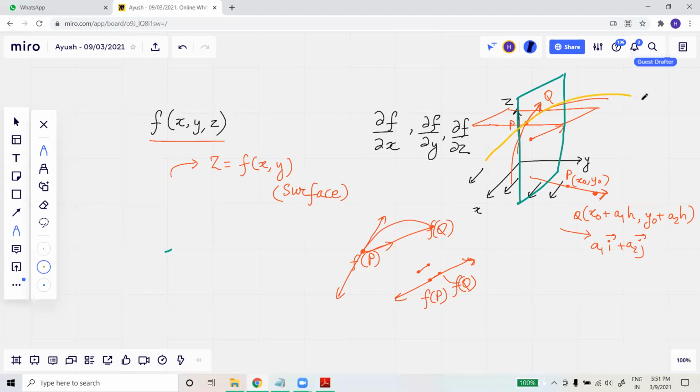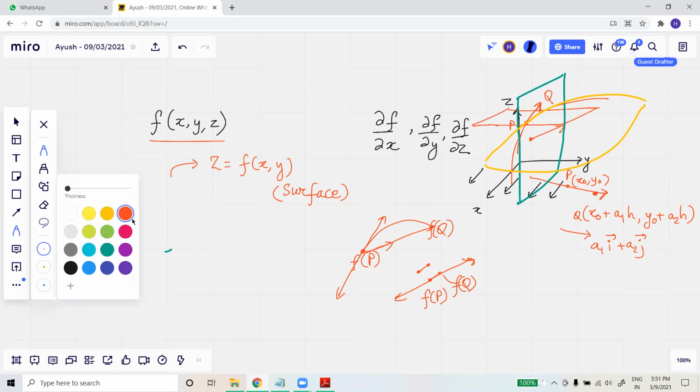The yellow surface and the green plane are intersecting and producing a small section of this thing, that red arc. That red arc contains the points P and Q.